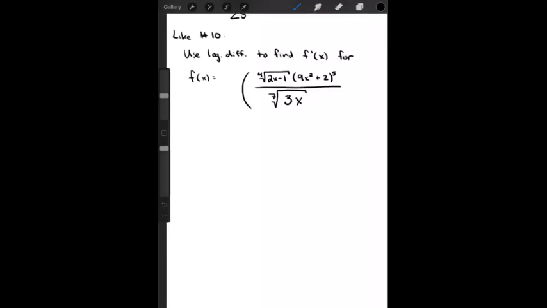I'll leave it at that. So, this problem specifically tells you what type of problem it is, so we're going to use logarithmic differentiation. So what's the first step of logarithmic differentiation?